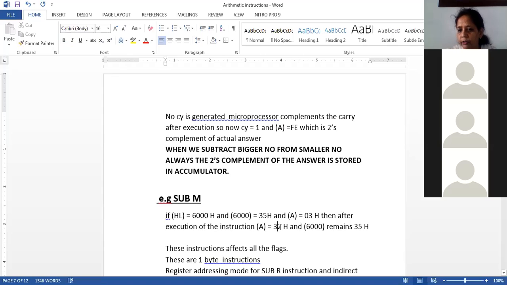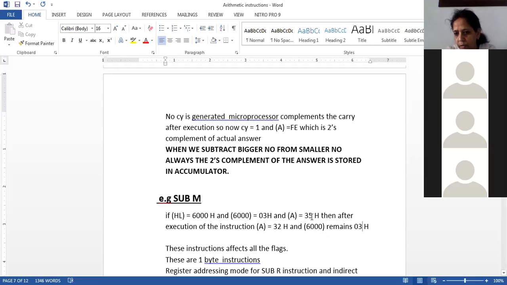Okay, I should have written this as 35. Suppose the accumulator has 35 and suppose this has 03. Then 35 minus 03, that is 32, will be the answer in the accumulator, and the memory contents remain as they are.